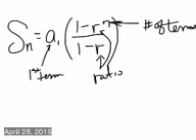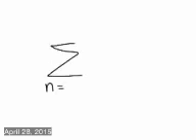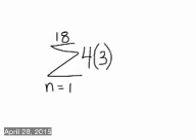Okay. So here's how they're going to look. Did you get it here? You're going to have the sigma symbol, and we'll go n equals 1, and we'll go to 18. What are your options?